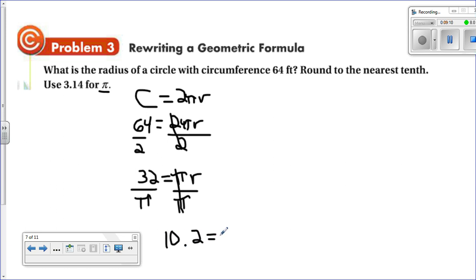So r equals 10.2. So those are the type of things that you'll be doing in the assignment tomorrow. Don't overthink them. They are just normal equations, just sometimes they have more variables than numbers, more than you're used to.